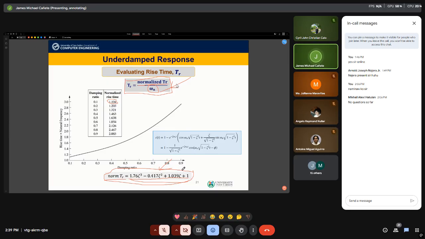There are 2 ways to do this again, just to emphasize. Use this formula or use this table, get the equivalent value, and substitute finally into this ratio. So get normalized TR divided by omega sub n, and that gives the rise time of your second order system.